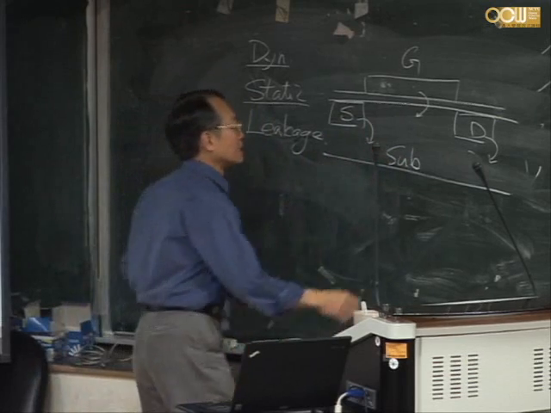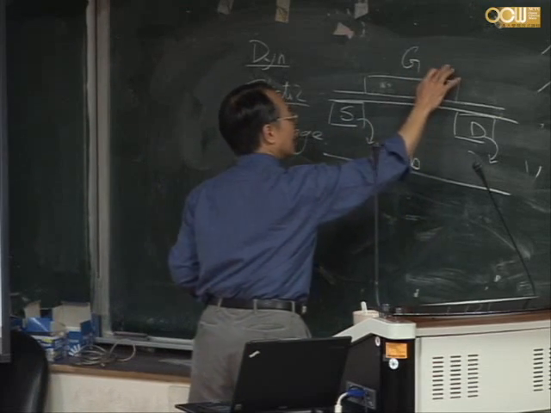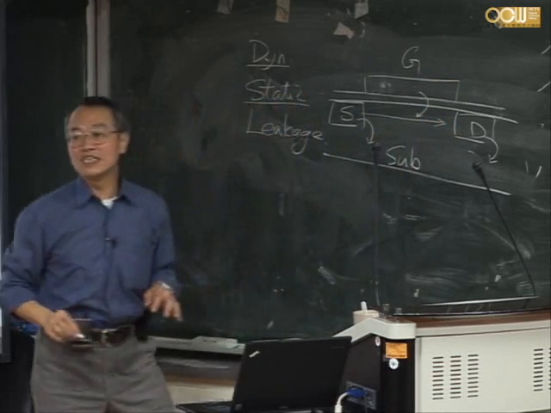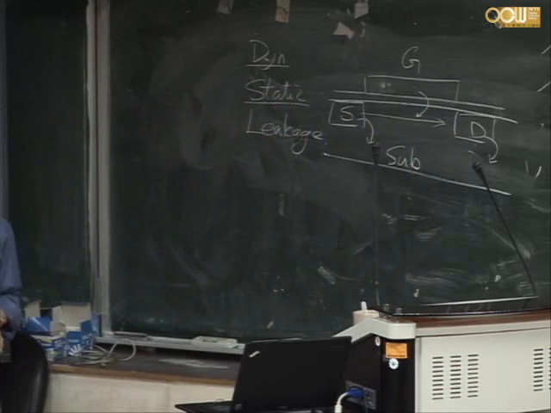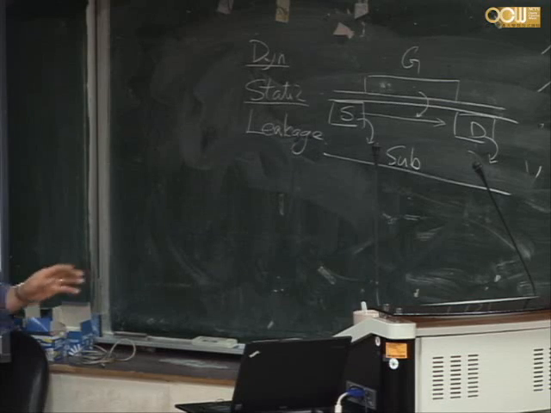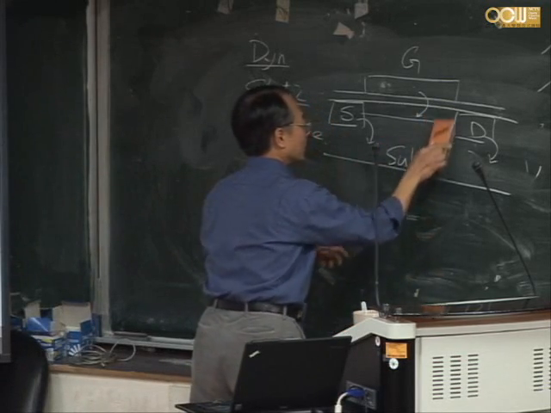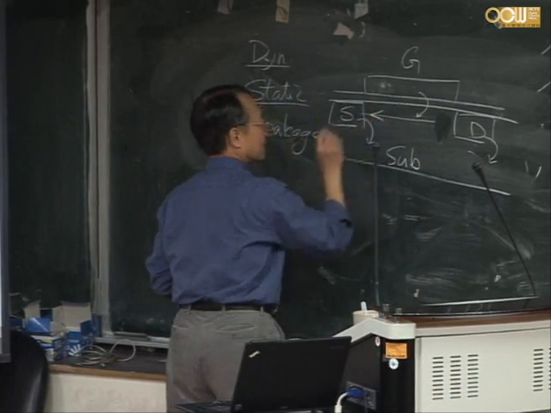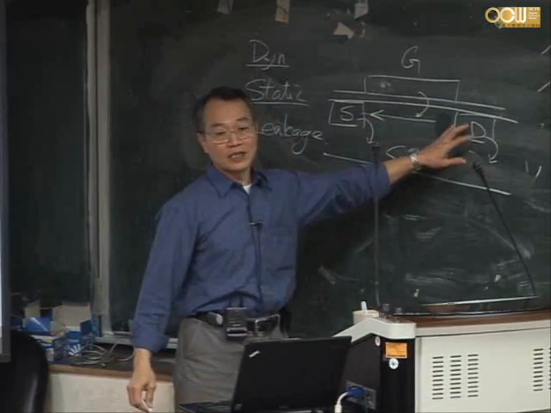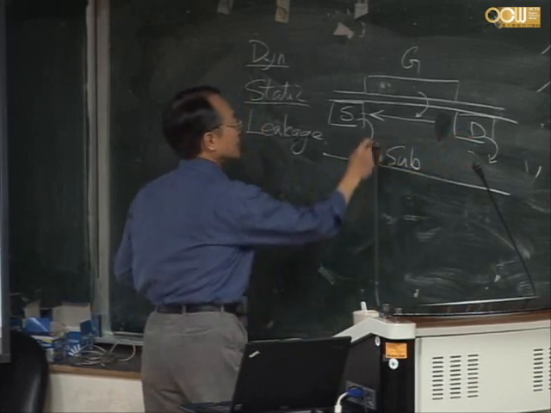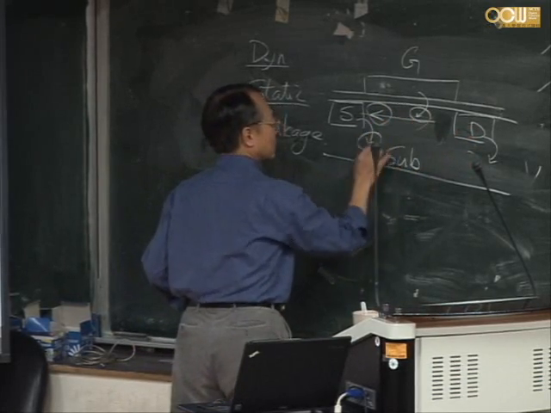Also, in the meantime, even if the gate is off, there can be thermally generated current flowing from source to drain. I should say from drain to source, because this is usually of the higher voltage level. So these are the sources of leakage current.